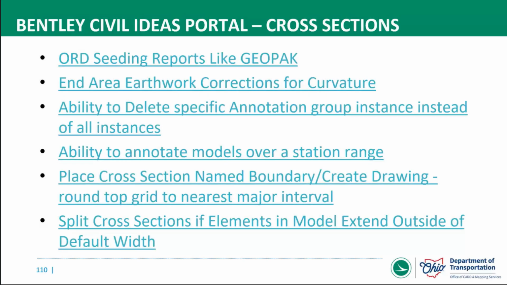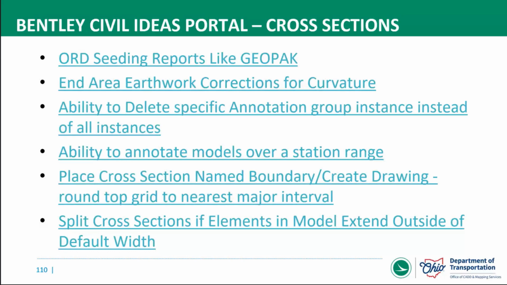Since I'm here talking about cross-sections, and I've done this in the last few user group meetings, a couple cross-section topics, this is just another reminder that 1310.2 is not changed because of ORD workflows. We're still seeing cross-sections that are including your pavement buildup.